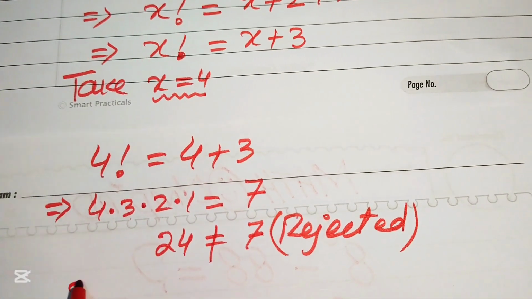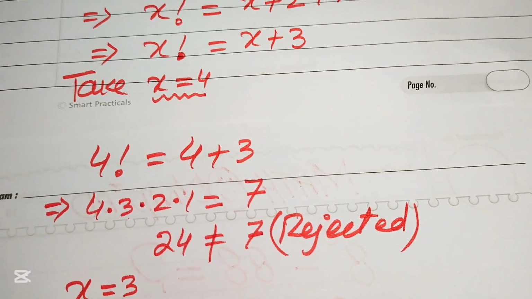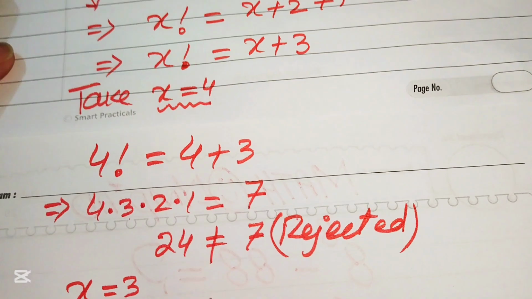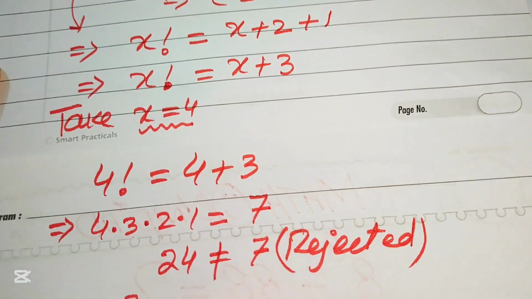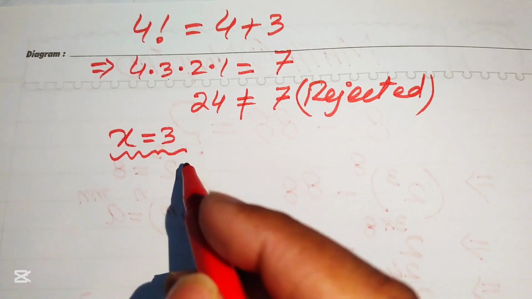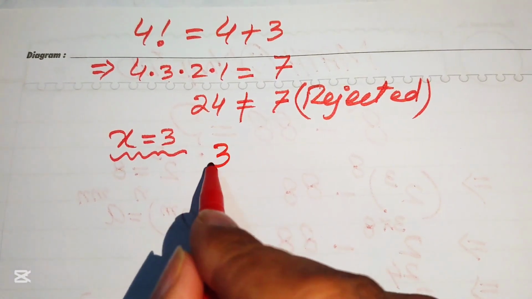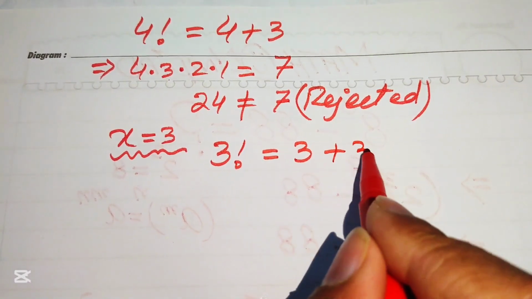Now we check the given equation at x equals 3. We substitute x equals 3 on both sides, and the equation is written as 3 factorial equals 3 plus 3.